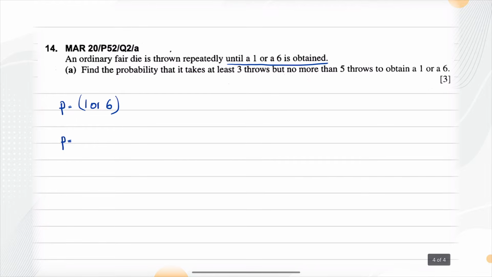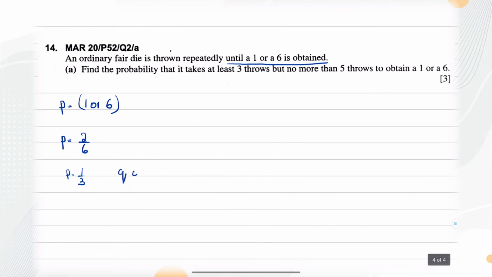Yep, so we're talking about one die, and yeah, 2 upon 6 or 1 upon 3. Perfect. So 2 upon 6, why? Because 1 is a favorable outcome and so is 6. So 2 favorable outcomes divided by total, so that's equal to 1 upon 3. Okay, brilliant. Now what about the probability of failure? Q or 1 minus p, that is equal to 2 upon 3.